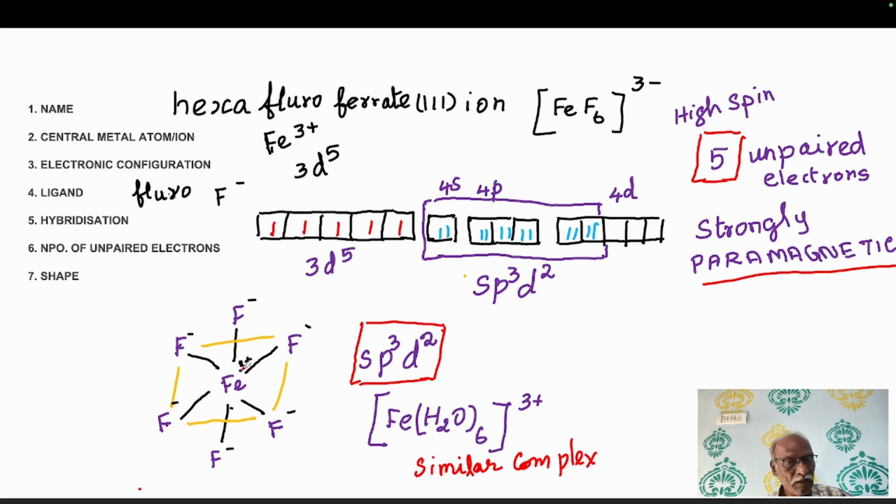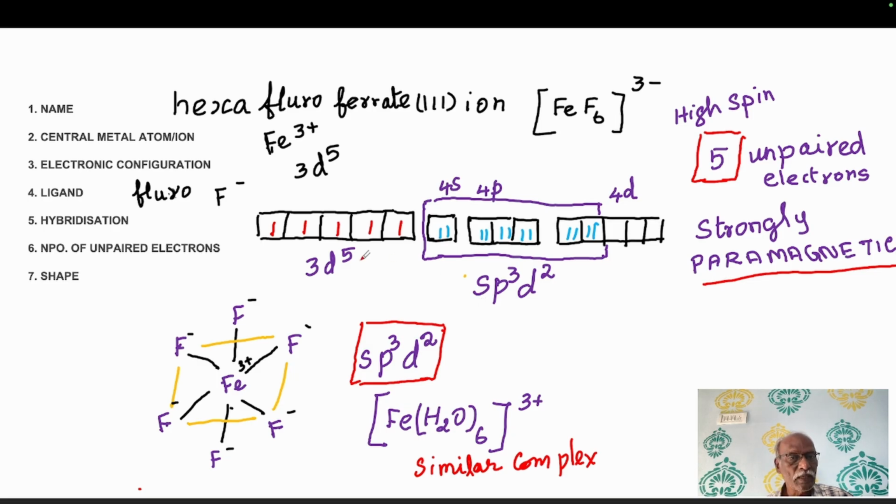One sp3d2 orbital stands along one corner, another along the other corner, and so on for all 6 corners. When we join all the 6 corners together, we get the octahedral shape. This octahedral shape is due to the hybridization. This particular hybridization, sp3d2, gives rise to the octahedral shape of this complex molecule.